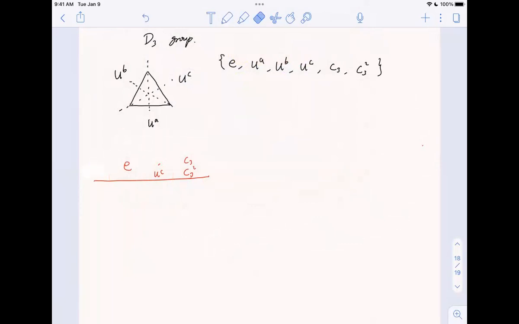So let me just write them out. E, you can write it as a matrix. Let's consider one representation. Consider a 2D representation.